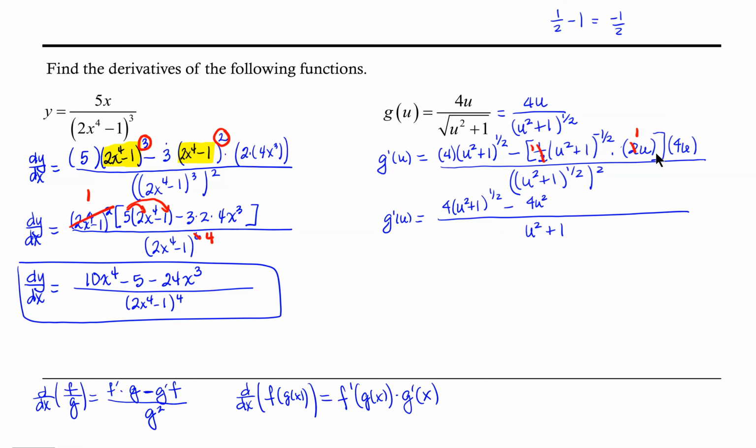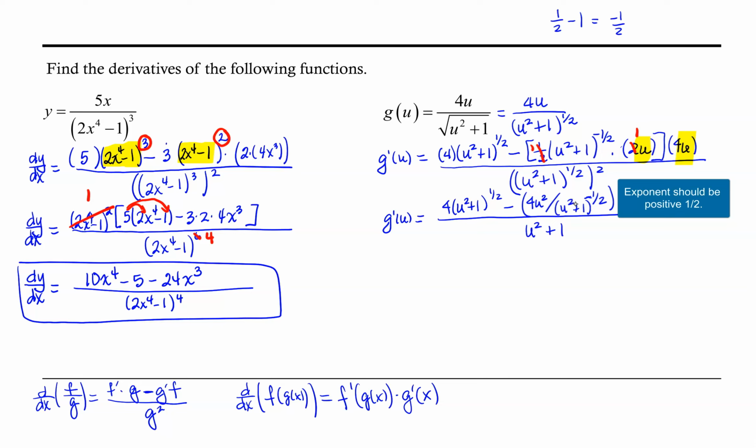There's a u and a u, so u squared. So 4u squared over u squared plus 1 to the negative 1/2 power. So notice that we have a fraction in our second term of our numerator. So what we can do is get a common denominator within our numerator.